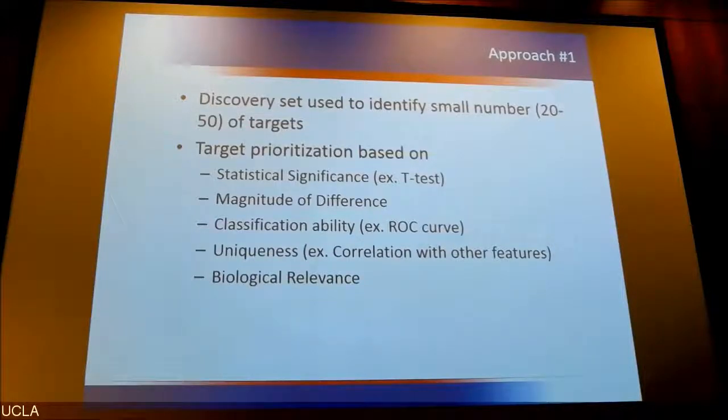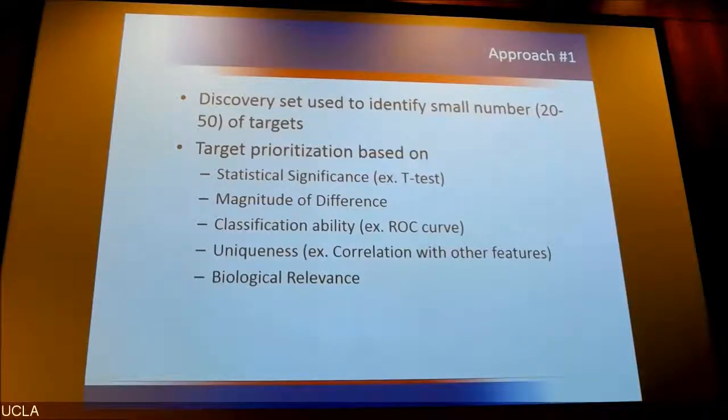Other things that we might want to consider are the actual magnitude of the difference. Now, some of that is partially included in a t-test, but we also potentially consider the classification ability. So, looking at, say, the area under an ROC curve to identify how well the individual factor discriminates cases versus controls. Another feature is the uniqueness.